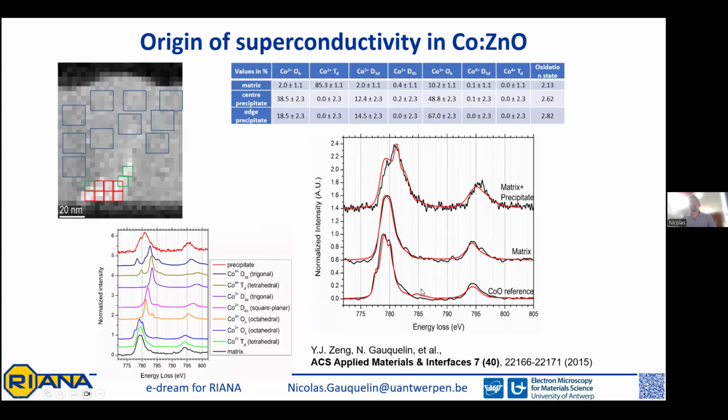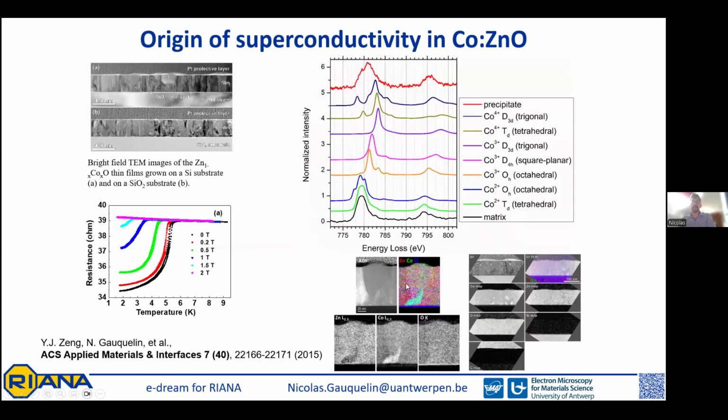Like that, we could identify that at the interface between this inclusion and the matrix we had some square planar coordinated cobalt 3+, which was giving rise to superconductivity.